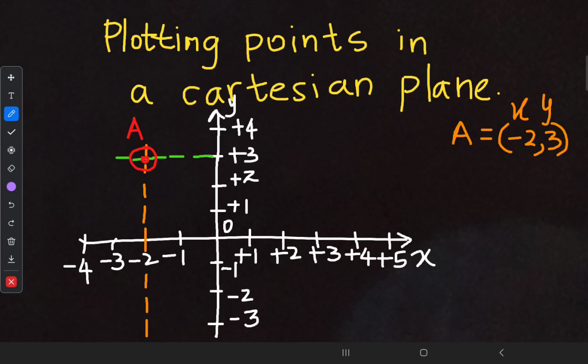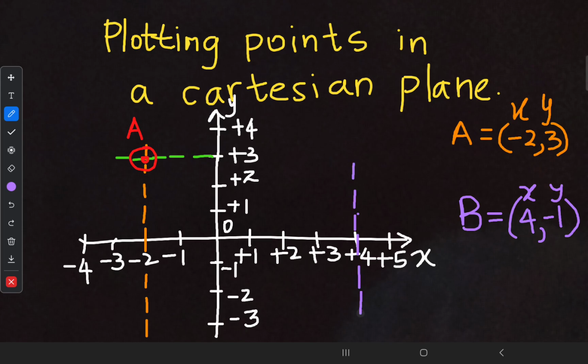Let's see another instance. B is equal to 4 comma negative 1. We have to interpret the data to get our x coordinate and y coordinate. X is 4 and y is negative 1. So we have to draw a dotted line through when x is 4.